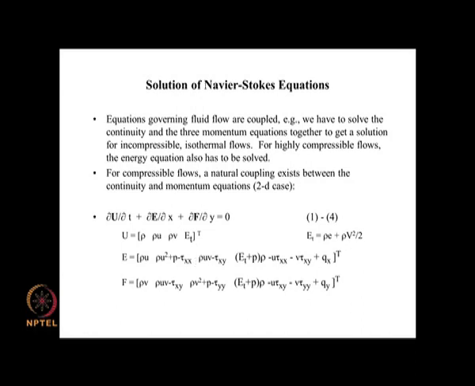Since it is brought to the left hand side, it has become dou p by dou x, and we also have dou by dou x of tau xx, and when we bring it to the left hand side it becomes minus dou by dou x of tau xx. So, all the 3 terms are going into dou by dou x things.